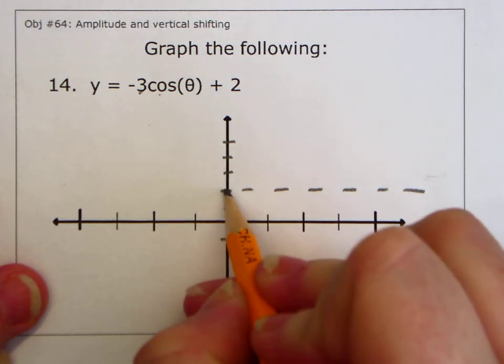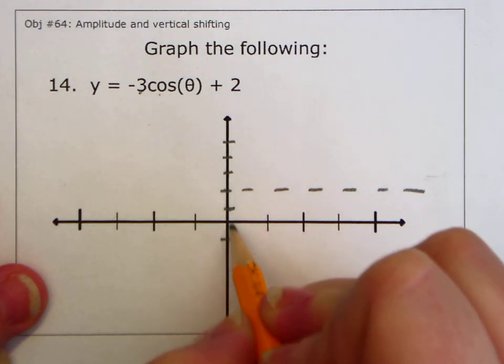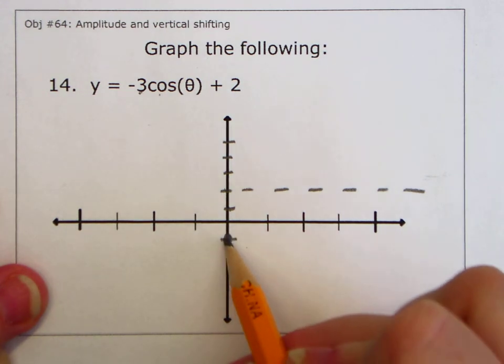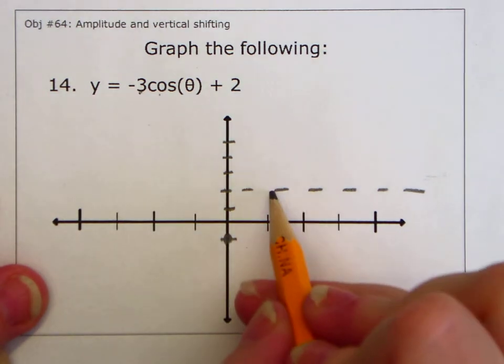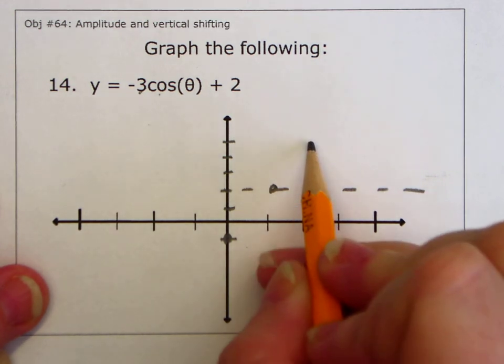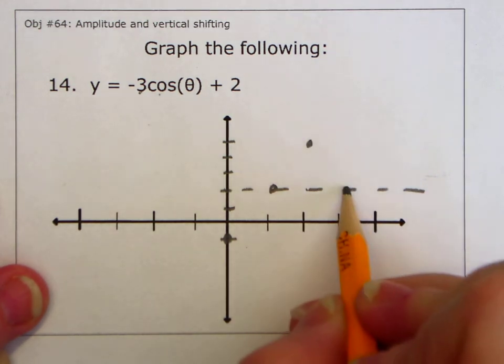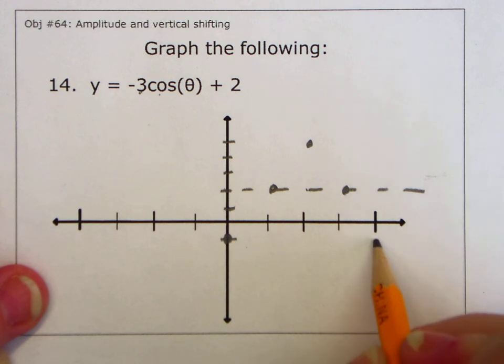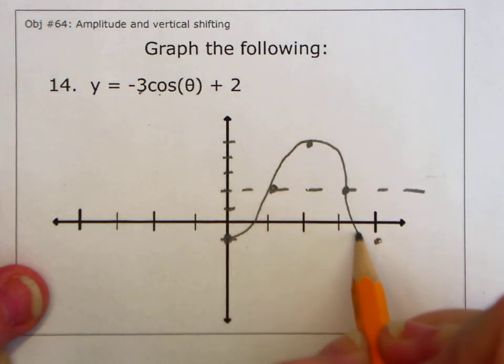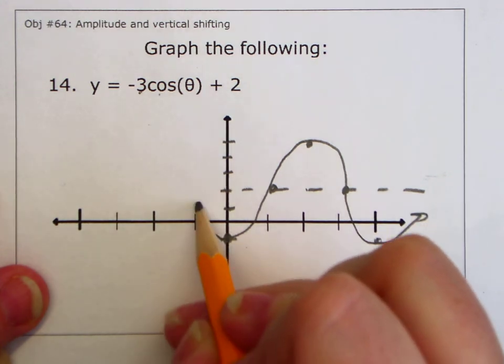So here's my dotted line, I'm going down 3. That's where I'm starting, down because it's negative. It goes to 0, goes up the opposite direction, up 3, back to 0, and then down to the min. And that's the graph.